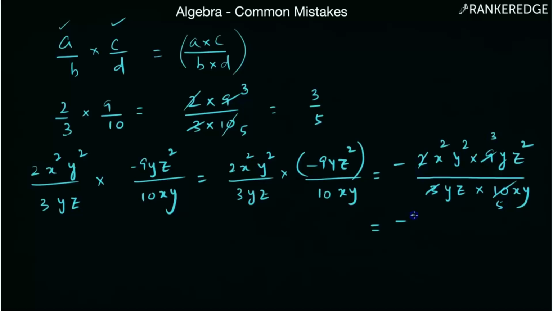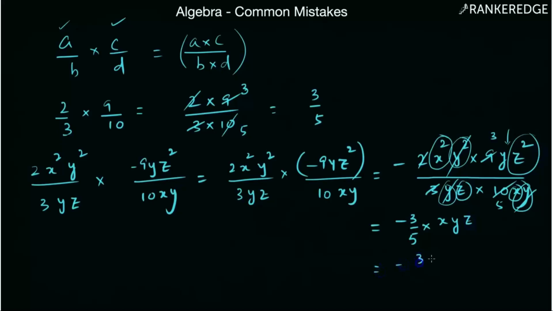So this will be minus 3 by 5 into, this x square divided by x, I get 1x in the numerator, and this y square by y square will get cancelled, but there is one y here, I'll write one y in the numerator there, and this z square divided by this z will give me 1z in the numerator.